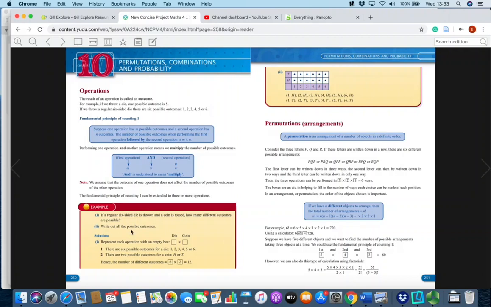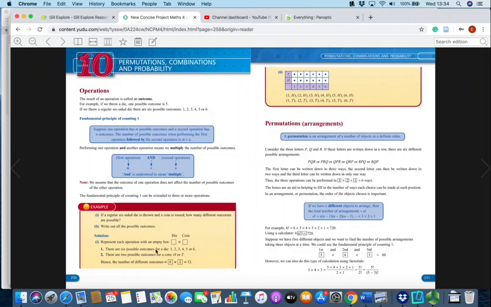Okay, so the example there: if a regular 6-sided die is thrown and a coin is tossed, how many different outcomes are there? Part 2, write out all the possible outcomes. When we're doing anything related to permutations or probabilities, if you have 2 events, as is the case here, you throw a dice and you toss a coin, then you have 2 different boxes for the values they contain.